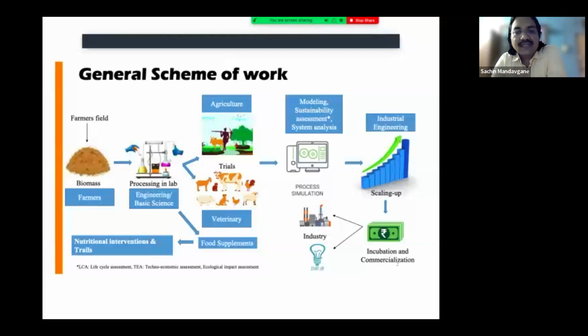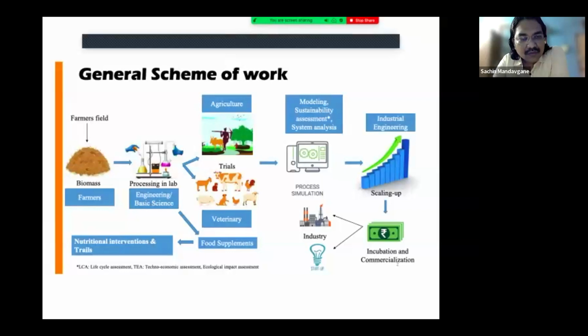Once these trials are done, we do modeling and simulation for scaling up, to find out the techno-economic assessment and environmental impact, typically through life cycle assessment. Once that is done, industrial engineering comes into the picture. For that, we are fortunate to have a very strong industrial partner.